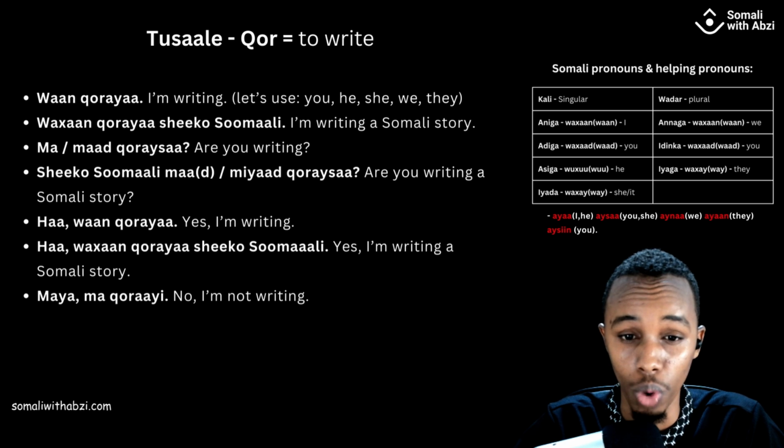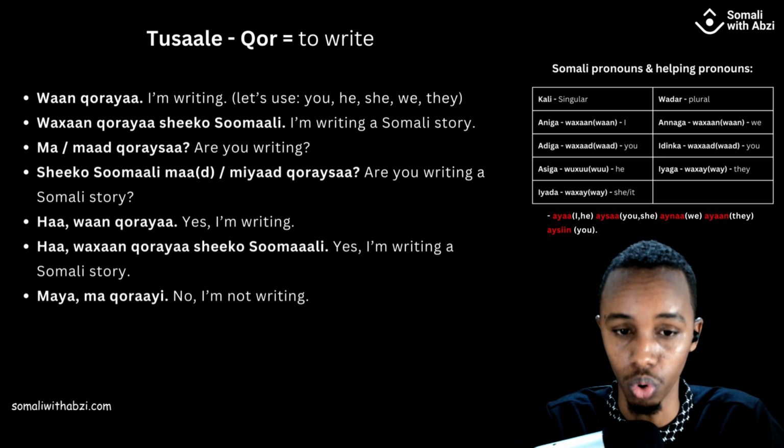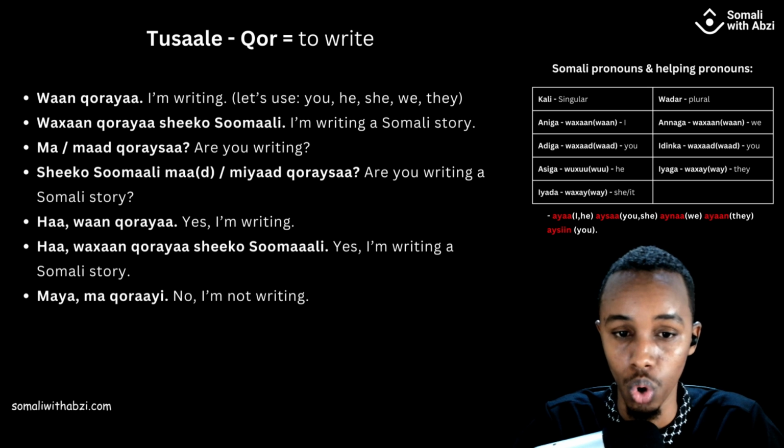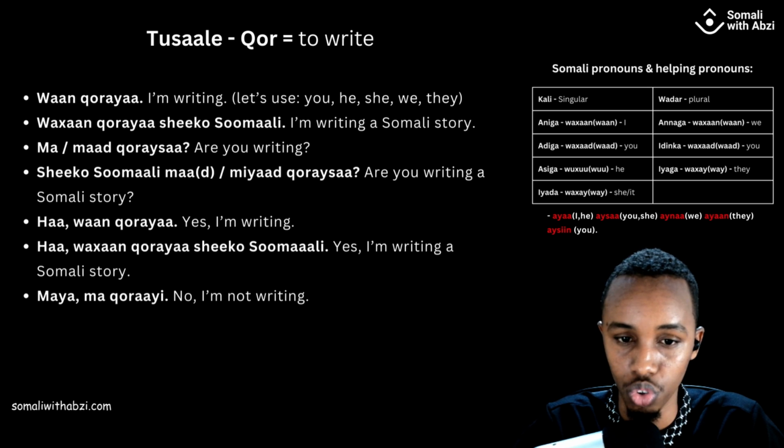All right. Waan qorayaa. Waan qorayaa, that's I'm writing, because qor is to write, ayaa is for I, if you remember, and waan is for I also, as a helping pronoun, which is for the short sentences. Waan qorayaa. The next is waxaan.